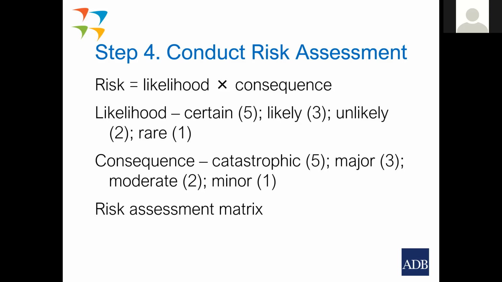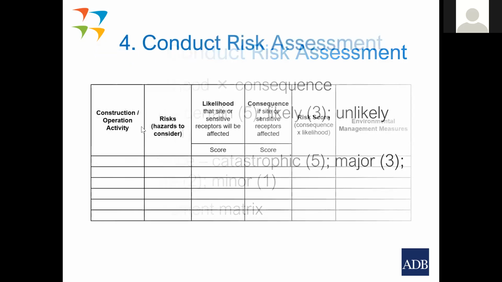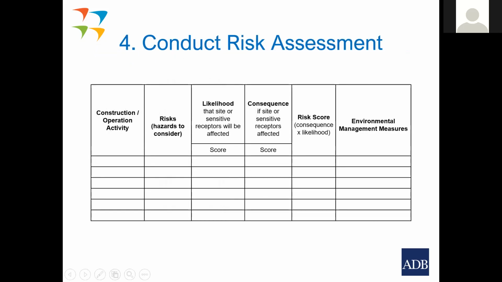In order to complete the risk assessment, we must record the results in a risk assessment matrix. So we do our risk assessment and develop this matrix. On the left-hand side, we have our specific construction activity, and for each construction activity there will be a range of different risks.